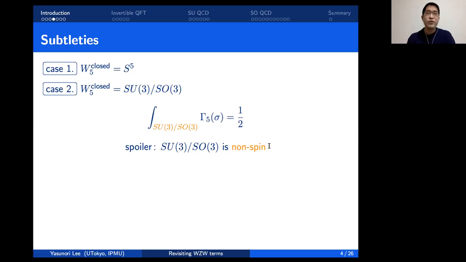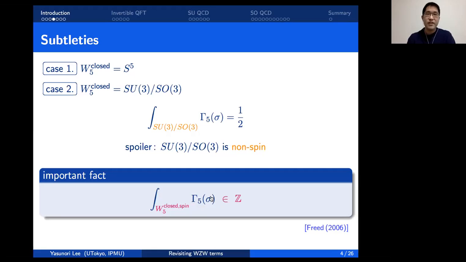It is further known that gamma 5 integrated over any closed spin 5-manifold becomes an integer. We will see why this is so later in this talk by using some mathematical objects called bordism groups. Therefore, one can deduce that we actually need spin structure to make the Wess-Zumino-Witten term well-defined.